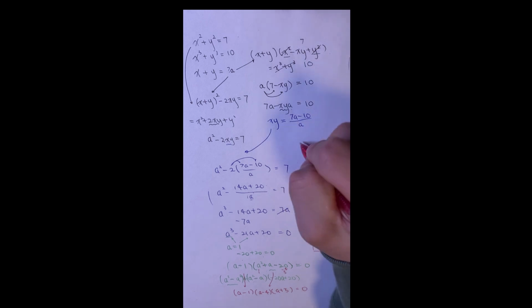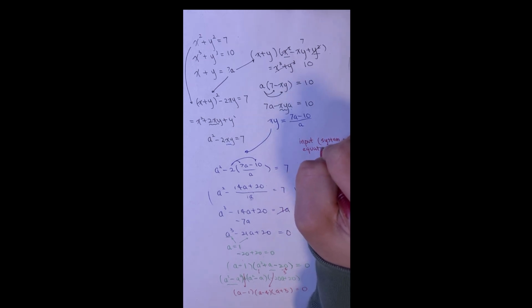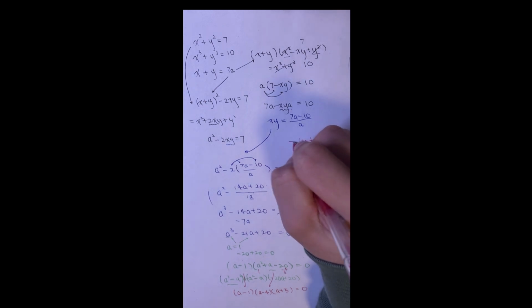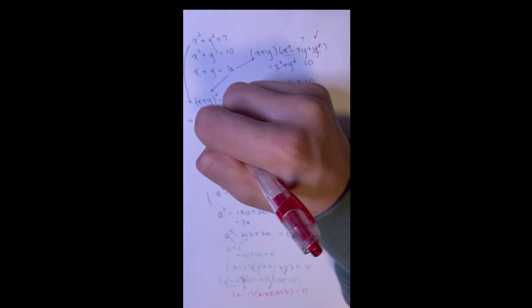Now in this question, what skills have we used? Well, first of all, over here, we used input, which is used to solve systems of equations. Well, I guess the first thing we used is actually these equations. This equation and this equation right here.